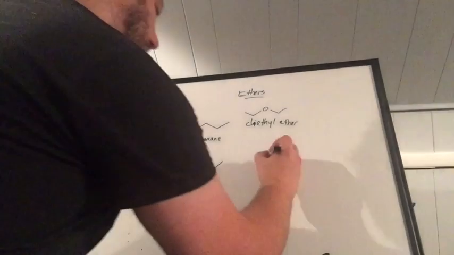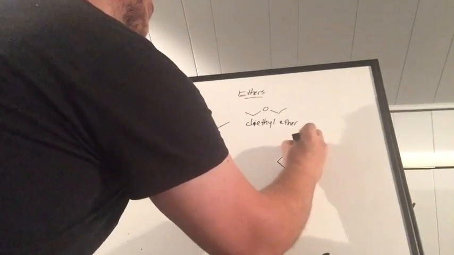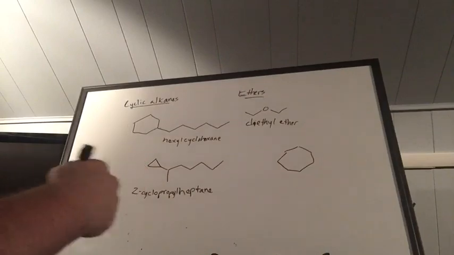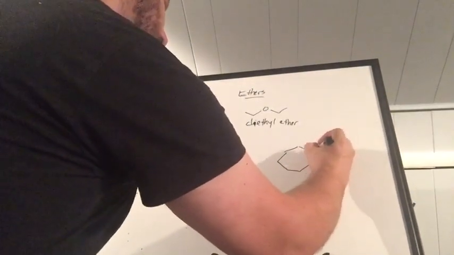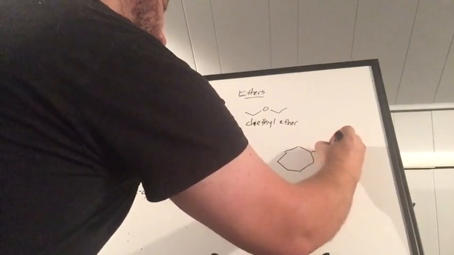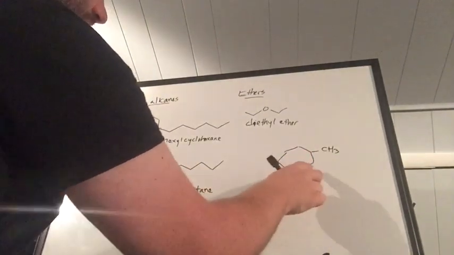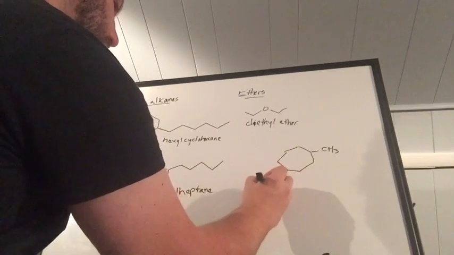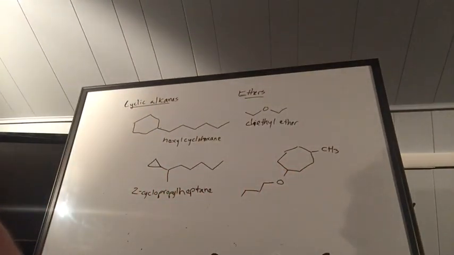So if we think of this one particular compound, this is going to be a cycloheptane. So the main chain, and then we have a methyl group hanging off of there. And that is really ugly. Then we have 1, 2, 3, 4, 5.